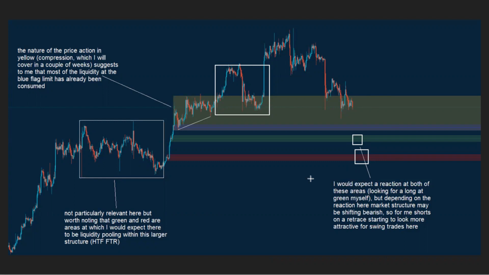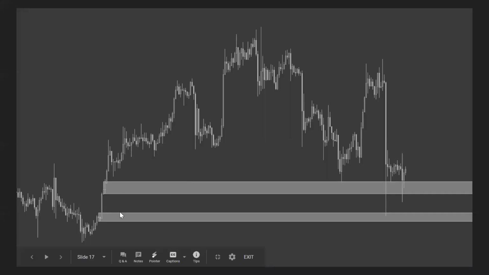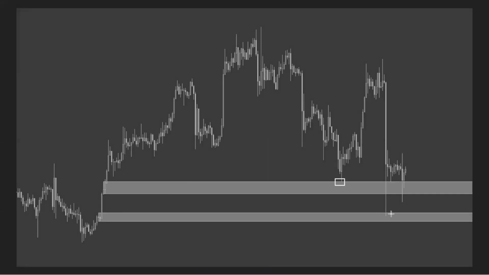But yeah, you mark the levels perfectly here. And that's what played out. Both levels gave a really nice reaction. This went almost to the dollar, and then supported price when it dropped off dramatically like that.